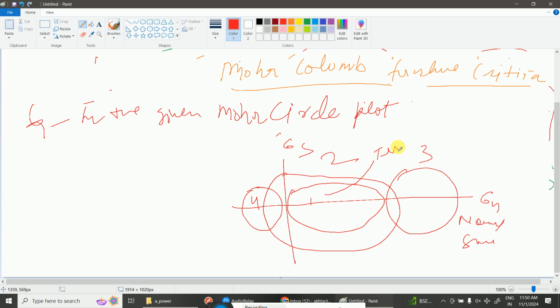Just see, in triaxial tensile stress sigma 3 is 0, sigma 1 and 2 are not 0. Circle 2 is uniaxial compression, and circle 3 is triaxial compression because it is positive. And circle 4 is hybrid fracture.